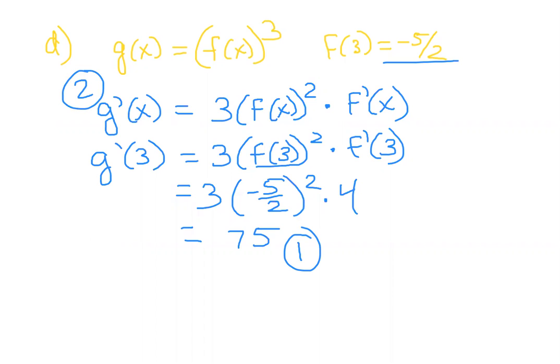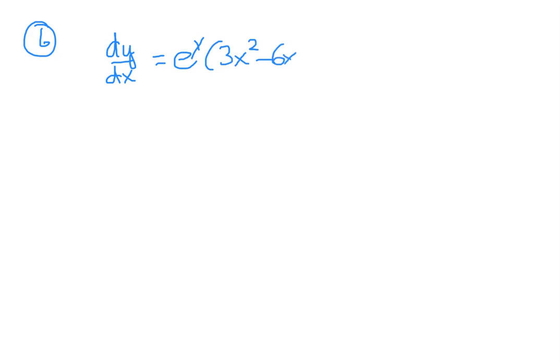Number 5, we're going to skip because that's an area problem that I don't think is supposed to be on it. And let's do the very last one, a differential equation problem. dy over dx equals e to the y times 3x squared minus 6x. All right, and then we have an initial condition that it goes through the point 1, 0.